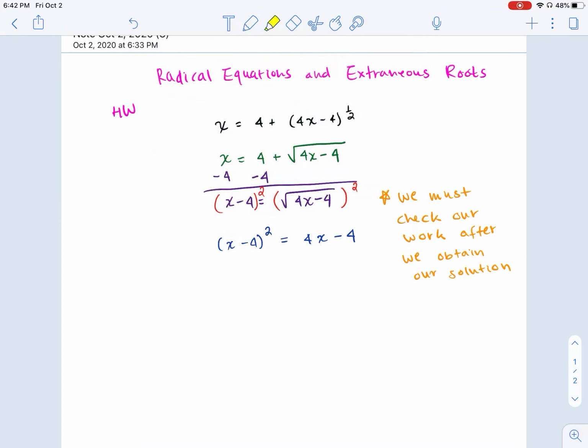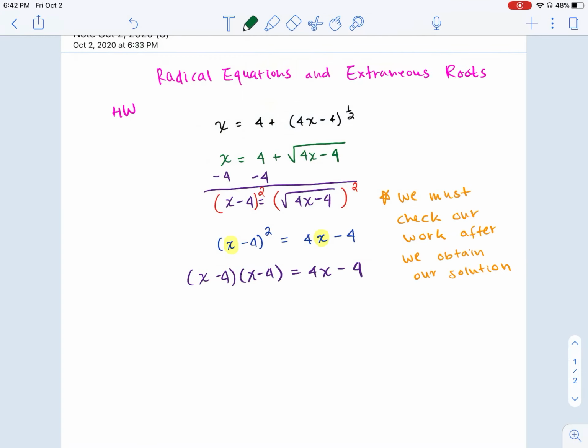From here, you may notice that we have an x on the left side and on the right side. But in order for me to solve for x, I need to isolate x. So let's first make it our goal to get this x out of the parenthesis. We have x minus 4 to the power of 2, so let's write that out as x minus 4 times x minus 4 equals 4x minus 4.